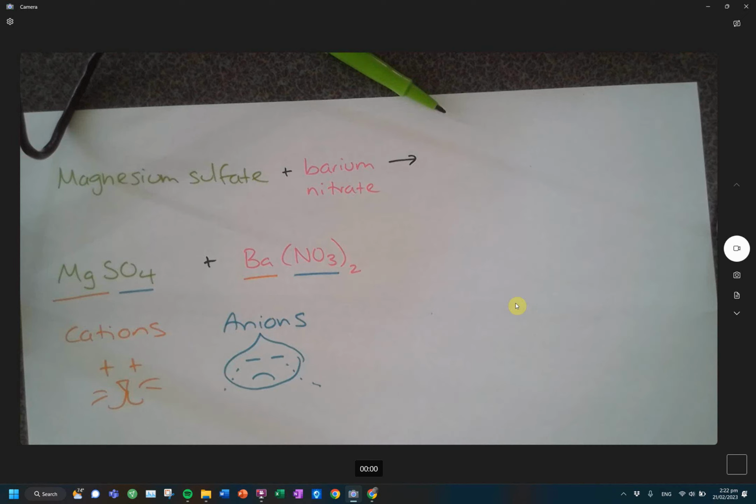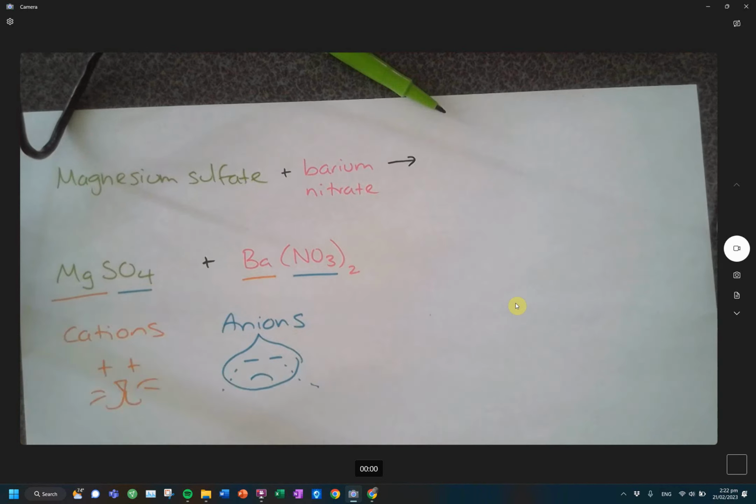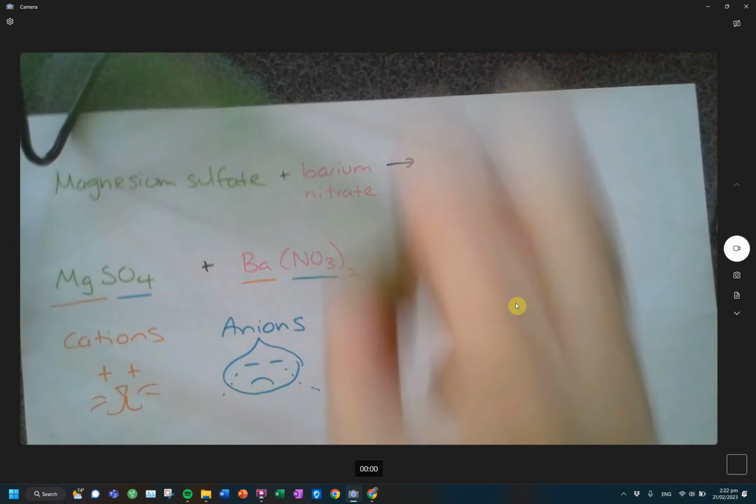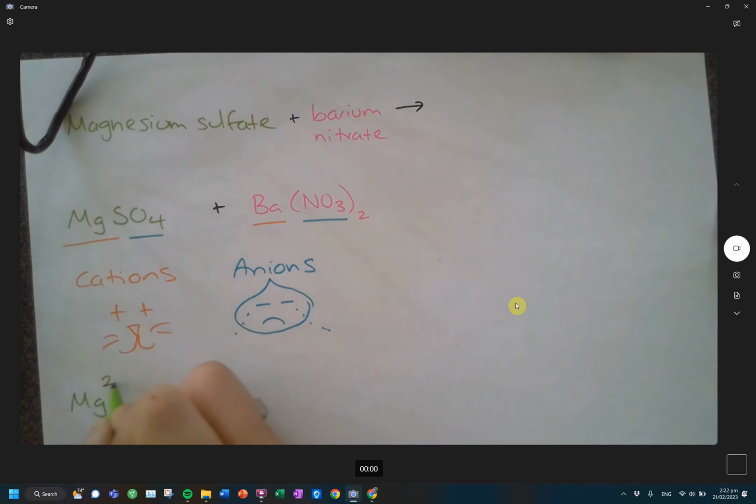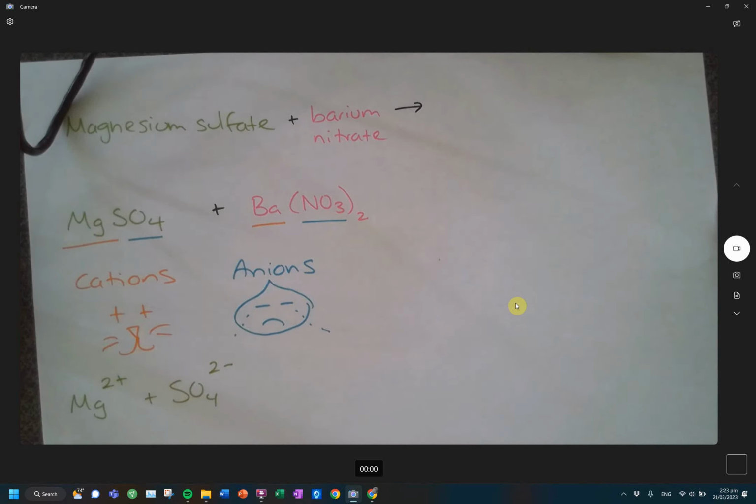The other thing to remember about ionic compounds is that the charges need to balance to 0. Ionic compounds like these guys here need to have no charge on them. So if I was looking at these as individual ions, magnesium would have a +2 charge, and the sulfate, SO4, has a -2 charge. Now, if I don't know the charges of my ions, that is A-OK, because I have a resource sheet.